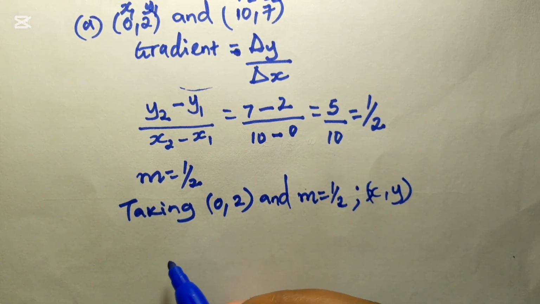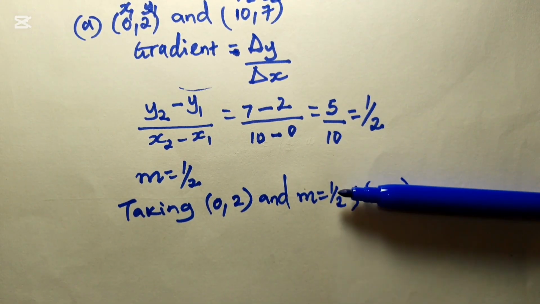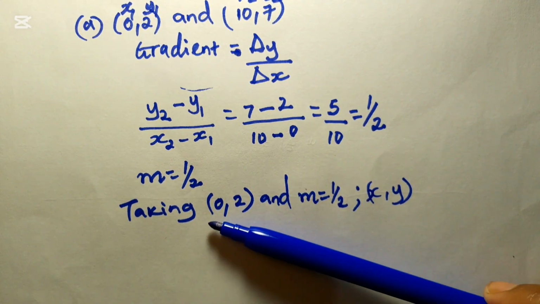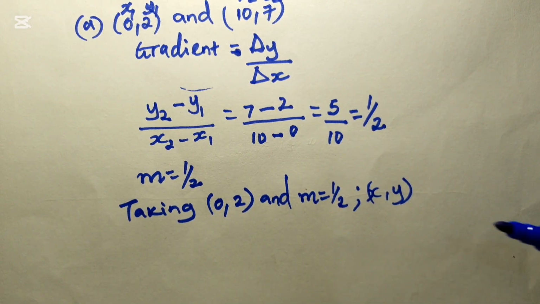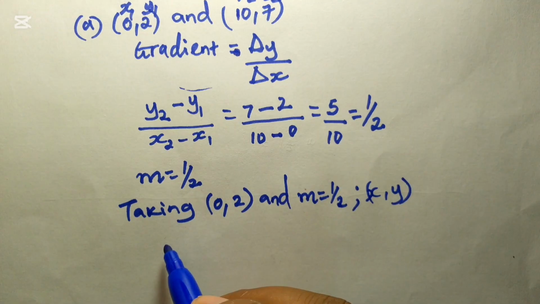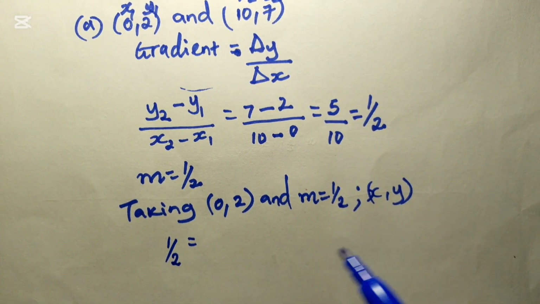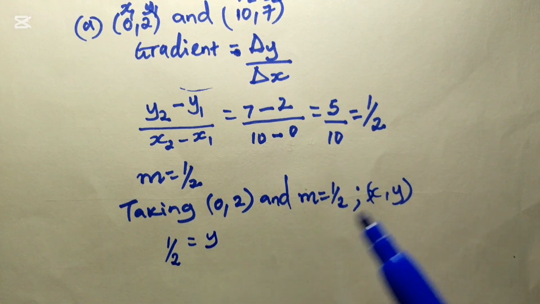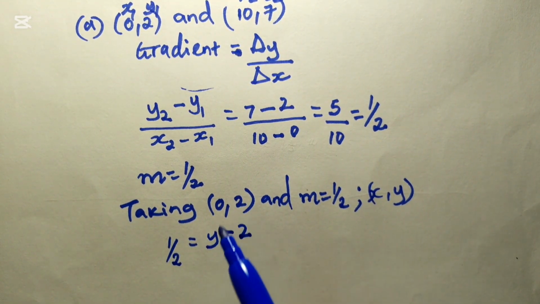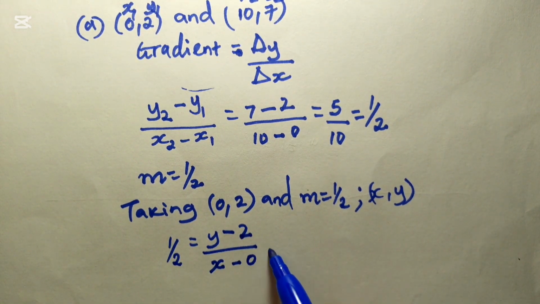The gradient is equal to the change in y coordinates over the change in x coordinates, the same points. So we have 1 over 2 equal to y minus 2 over x minus 0.